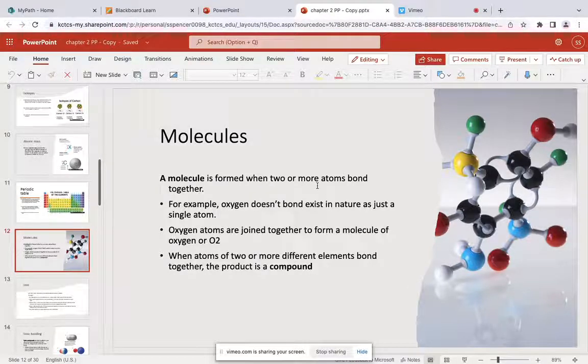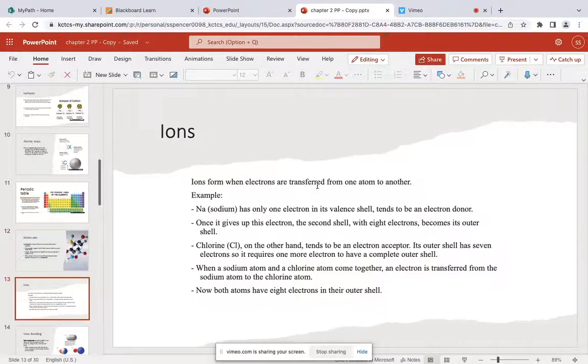Hope you guys are starting to see the trend of this. An ion, right? What's an ion? Again, definitions are important. Ions form when electrons are transferred from one atom to another. So remember, I mentioned that we like for all elements to exist in a neutral state, typically. So an ion is simply an element that does not exist in an electrically neutral state.